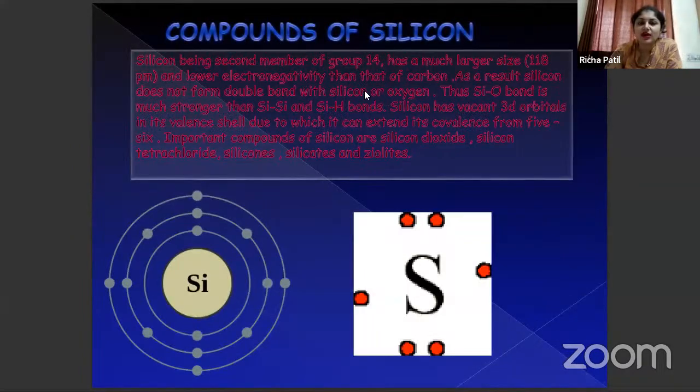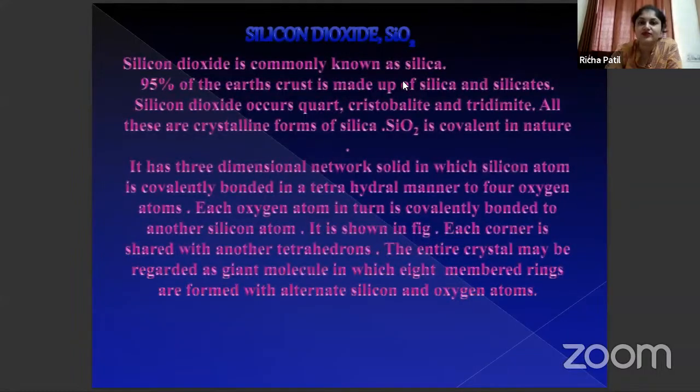Next we'll see some of the compounds of silicon. Silicon, being the second member of group 14, has a much larger size and lower electronegativity than carbon. First is silicon dioxide, also known as silica. 95% of the Earth's crust is made up of silica and silicates.